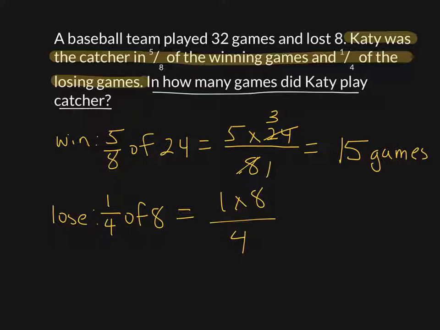And again, we're going to want to factor out common factors from the numerator and the denominator. And I can see that 4 will go into both 4 and 8. And so my answer is going to be 2 over 1, or 2 wholes. So she played in 2 of the losing games.